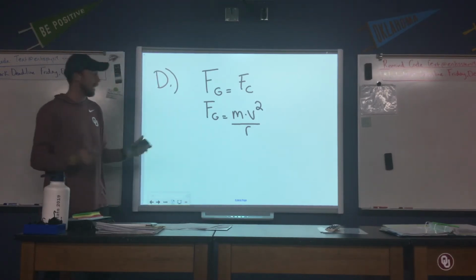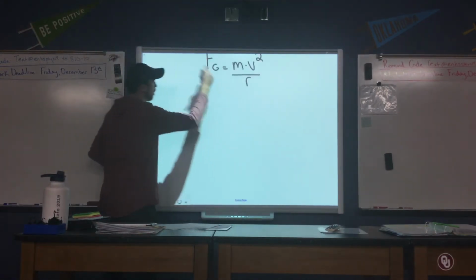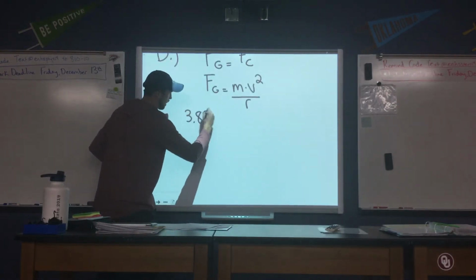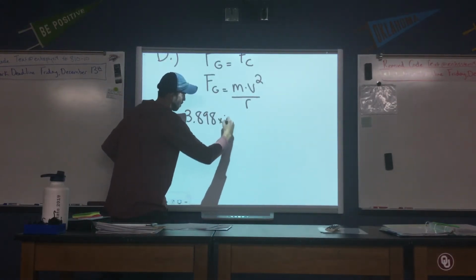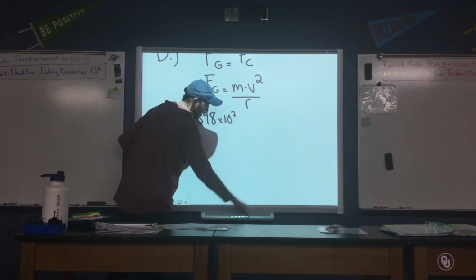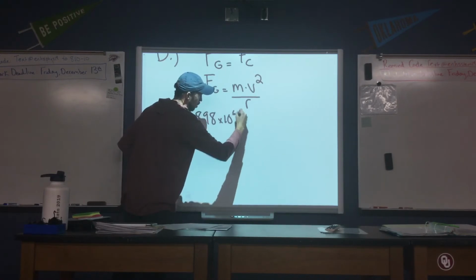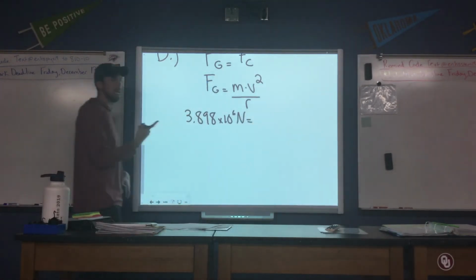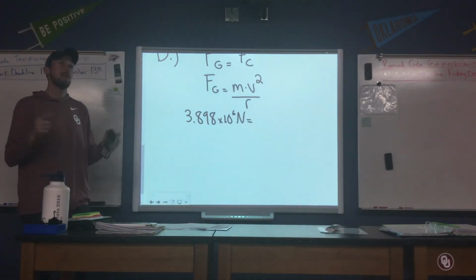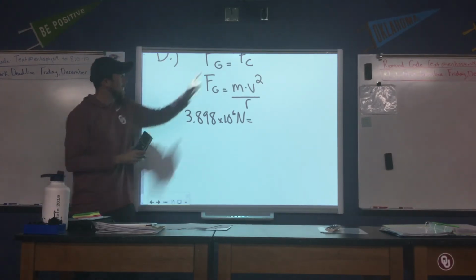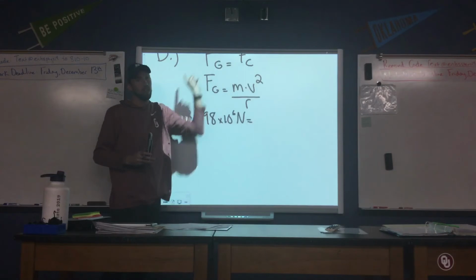So now we'll just plug in the values that we know. F sub G we just solved for from part C, 3.898 times 10 to the 6th power newtons is equal to m. Well, m, remember, is the mass of the object that's orbiting, because we're looking at the object that's moving in a circle.